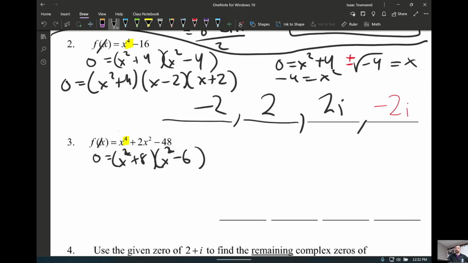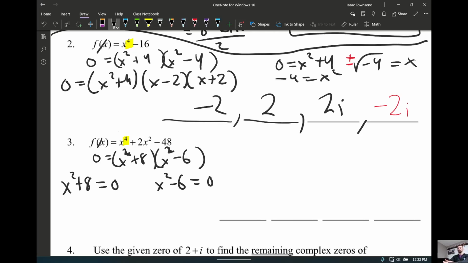Now, this is not the difference of two squares, and this is not the difference of two squares. Unfortunately, these are factored completely. But they're both also fairly easy to just set equal to 0 and solve. Again, technically they're quadratic, so if you really want to do the quadratic formula twice, go for it.